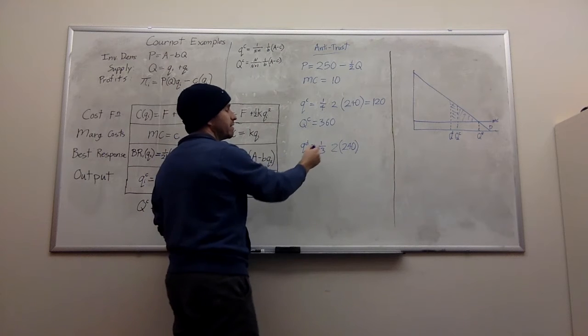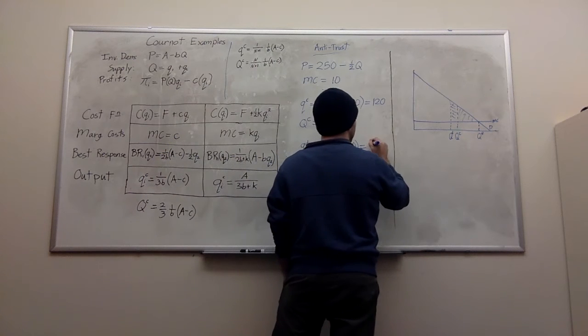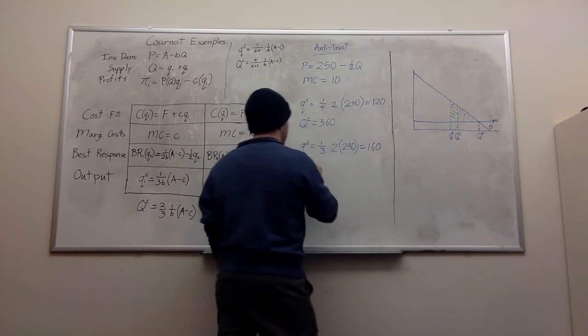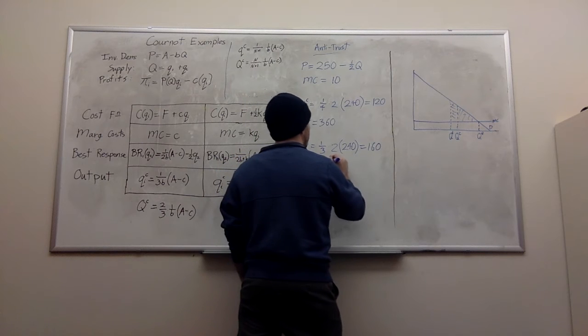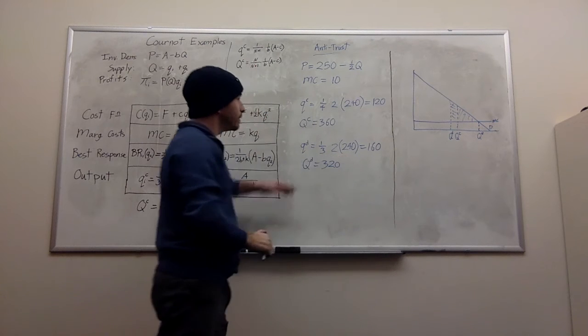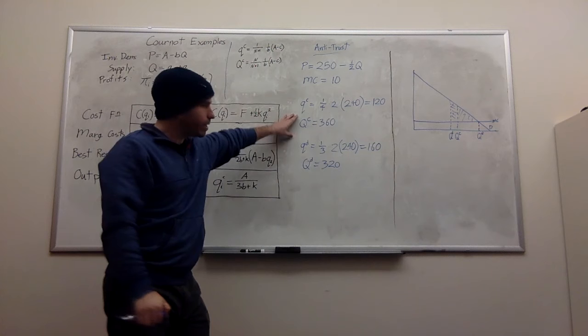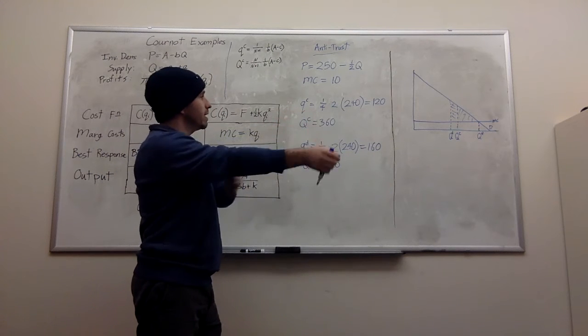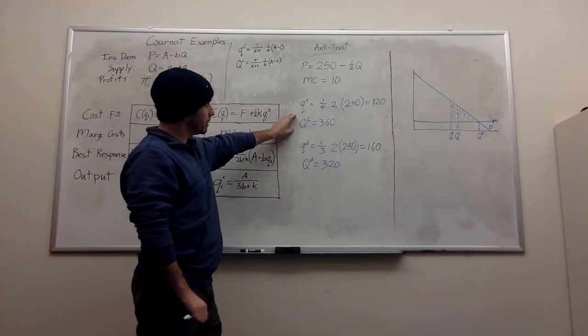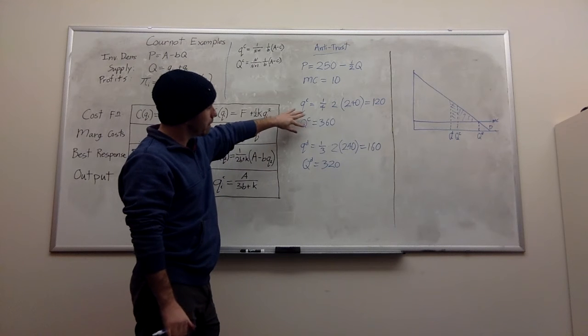So that's 480 divided by 3, which is 160, or a total output of 320. Note, this should be obvious, and it agrees with what we showed earlier in this part of the lecture.